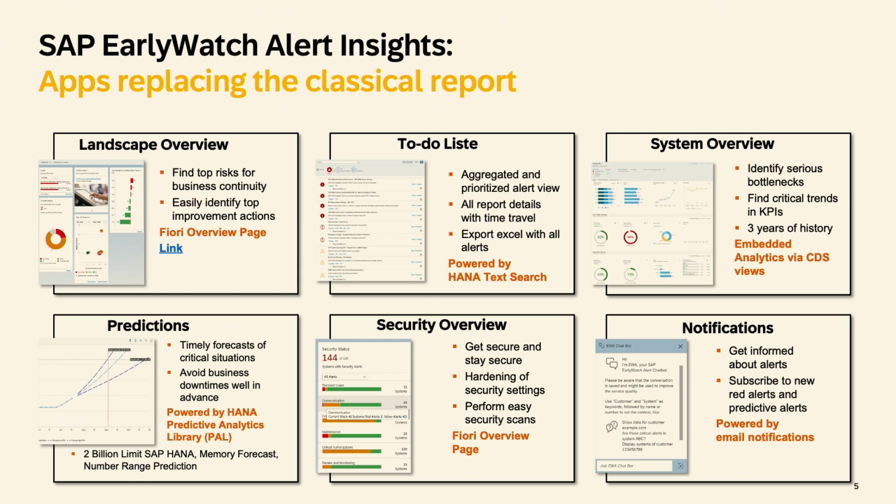Because in the HANA database, you have a record limit of 2 billion records. And if you hit that limit, then your application is going to dump, and maybe a key business process is not going to work. And therefore, it's very important to know well in advance when a table will hit this limit, for you also to be able to schedule a partitioning job.